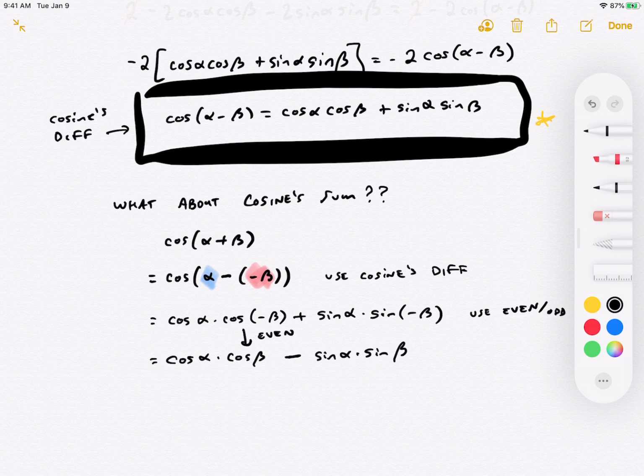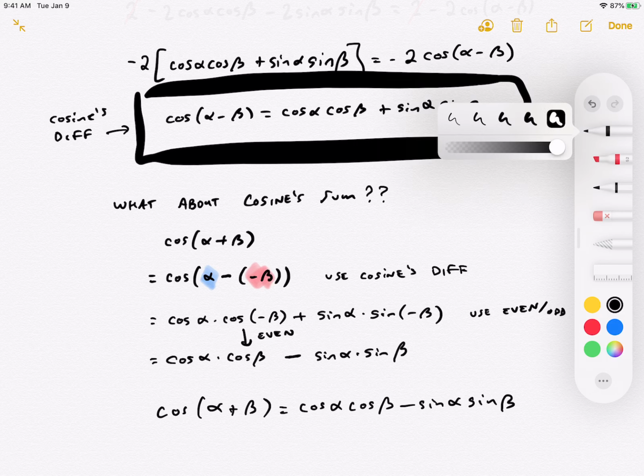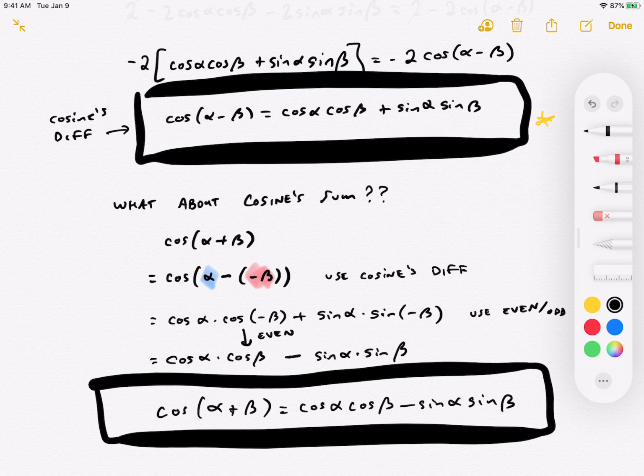And that tells me that cosine's sum looks very, very similar to cosine's difference. It's cosine alpha, cosine beta, minus sine alpha, sine beta. And that is the cosine sum identity.